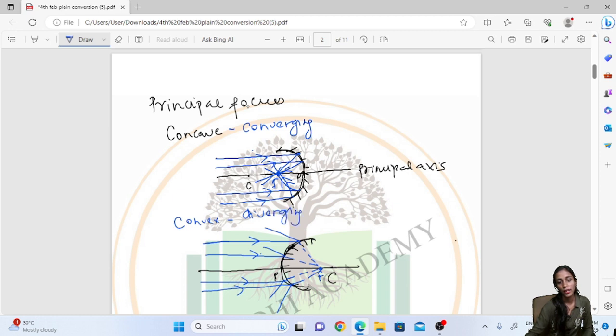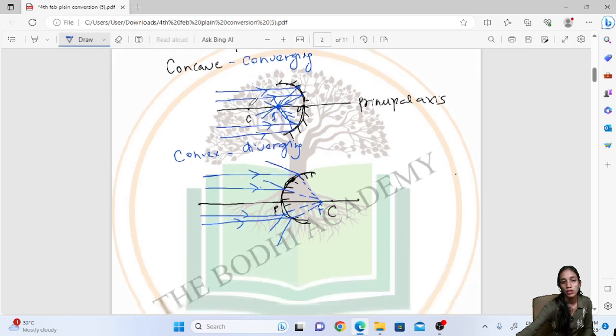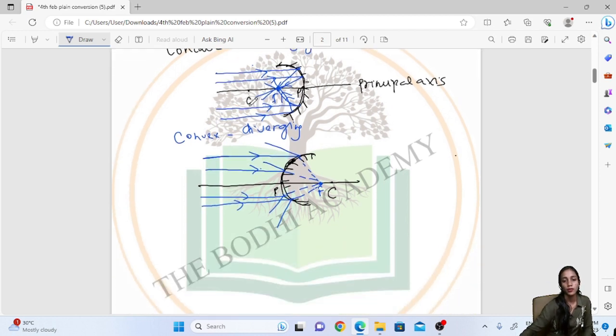So these are the main differences with respect to both the spherical mirrors. Now pay attention to C and P. We have said that this distance CP on the principal axis is called the radius of curvature, which is given by letter R.